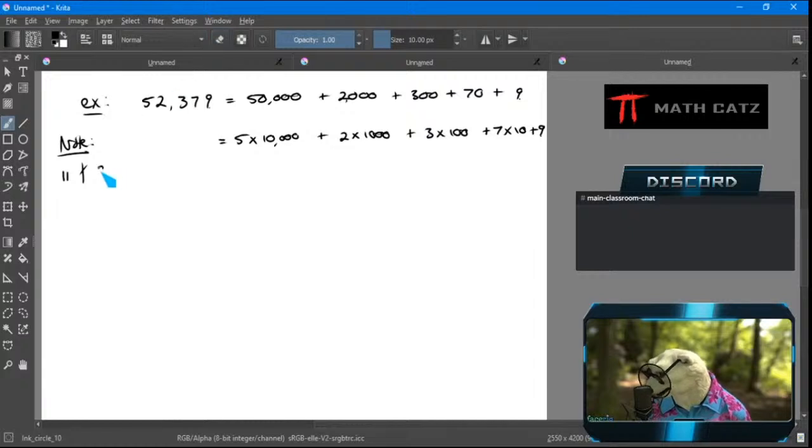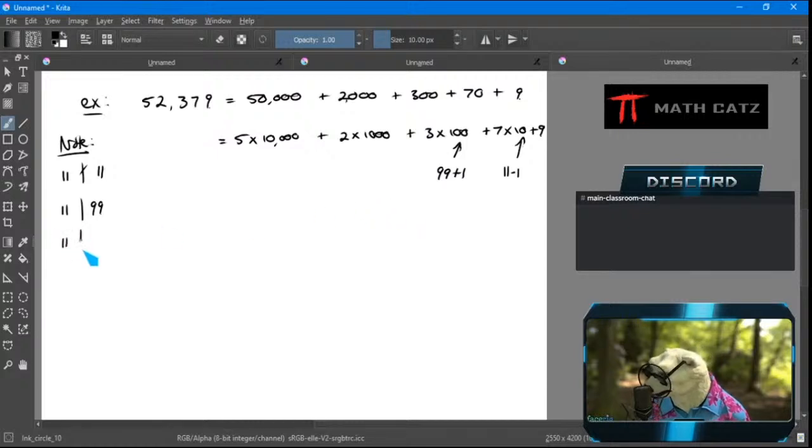But 11 is not going to like that, because 11 doesn't fit into 9. I'm going to have to go the other way and realize that, okay, 11 does fit into 11. So this 10 I'm going to write as 11 minus 1 in order to get a number in there that 11 likes. For 100, 11 does like 99, and it doesn't like 101. So for the 100, I can go 99 plus 1. It's going to be okay.